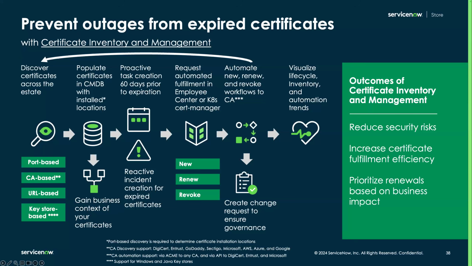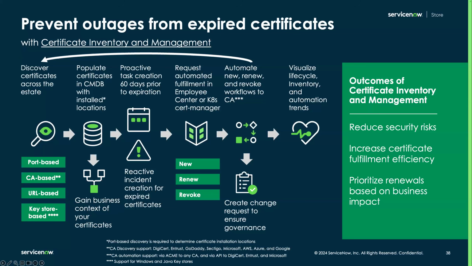But in terms of certificate fulfillment, we support any CA that actually leverages the ACME standard. So that's a great innovation that we recently released. And for CA automation support, we have the support via API for DigiCert, Entrust, and Microsoft. We can now also discover all the certificates within Windows and Java key stores.